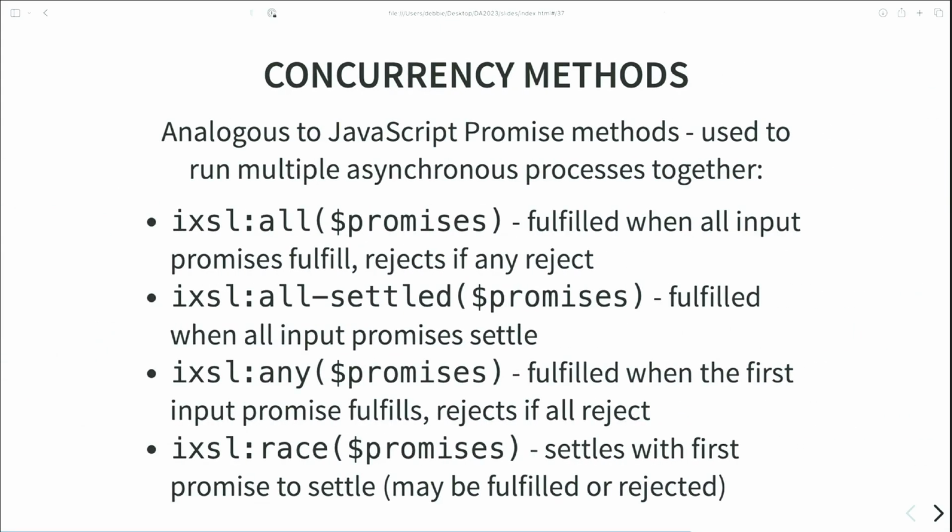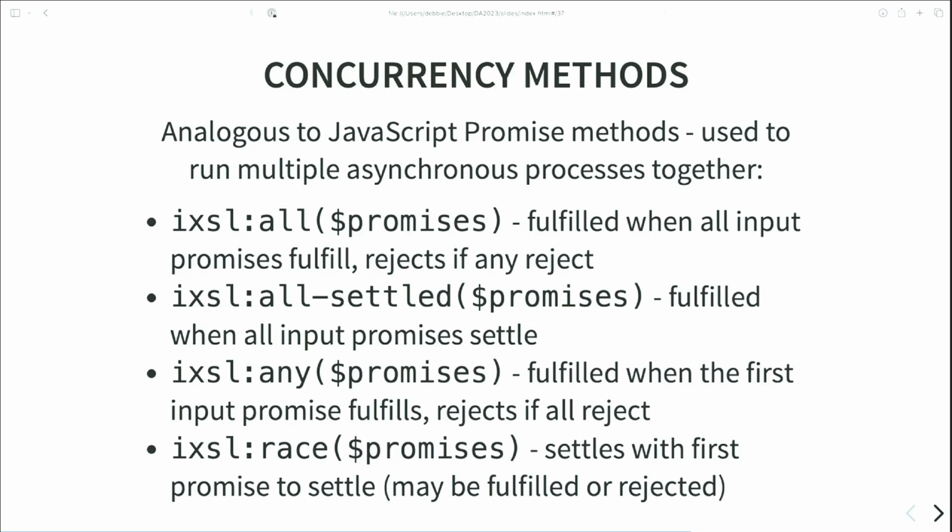In JavaScript, there's also a number of useful methods for doing concurrent processing, and we've got versions of those in the IXSL namespace so that you can use those as well.